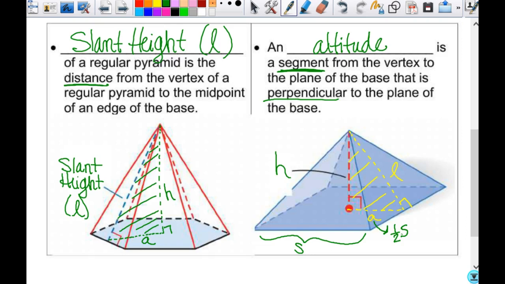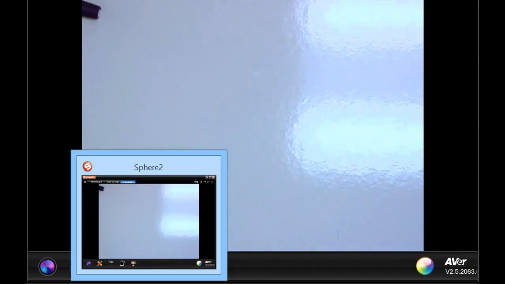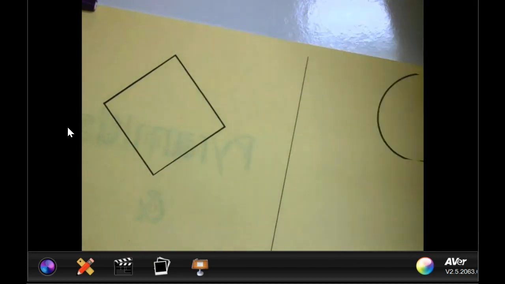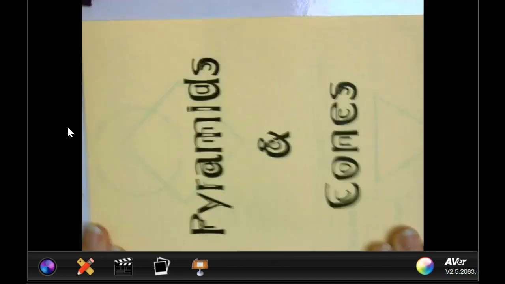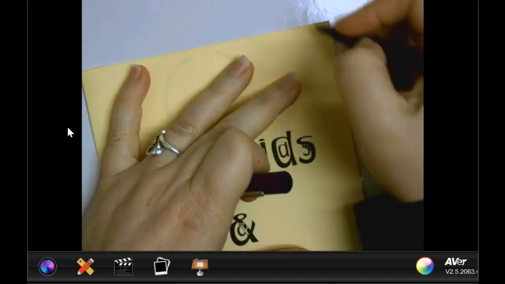All right. So I'm going to fold this in half. This is going on page 98 when we're done.